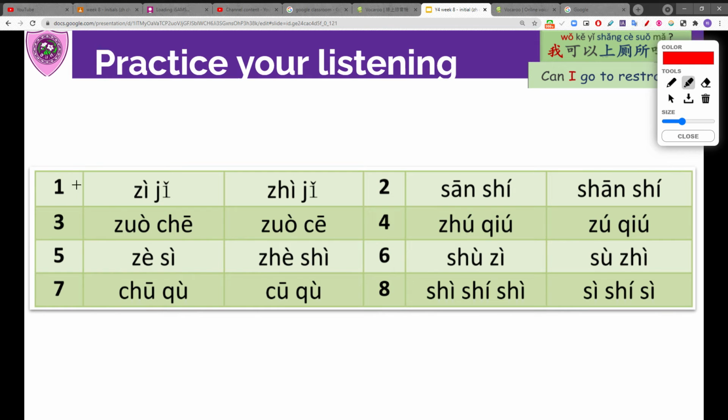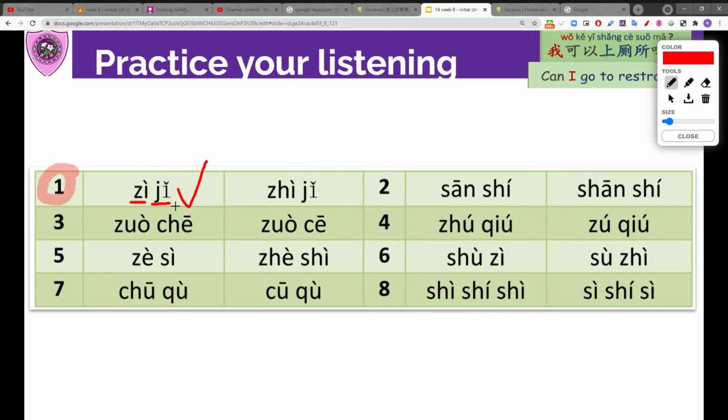Number 1. Which one is the one that I'm talking about? The word is 自己. The answer is the first one, because as you can see, the z sound should be like this, and 己 is the second one here.